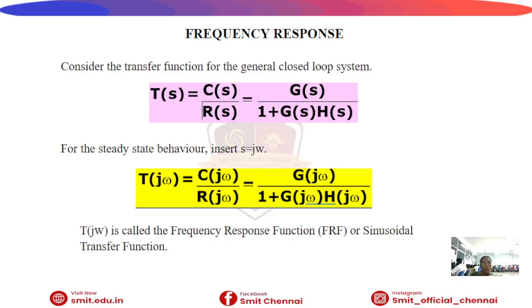For a complex number, magnitude is equal to root of real square plus imaginary square, and phase is equal to tan inverse of imaginary divided by real. For a complex number in a plus jb format, magnitude is root of a square plus b square, and the phase angle is tan inverse of imaginary divided by real. These are called the gain characteristics and the phase characteristics.